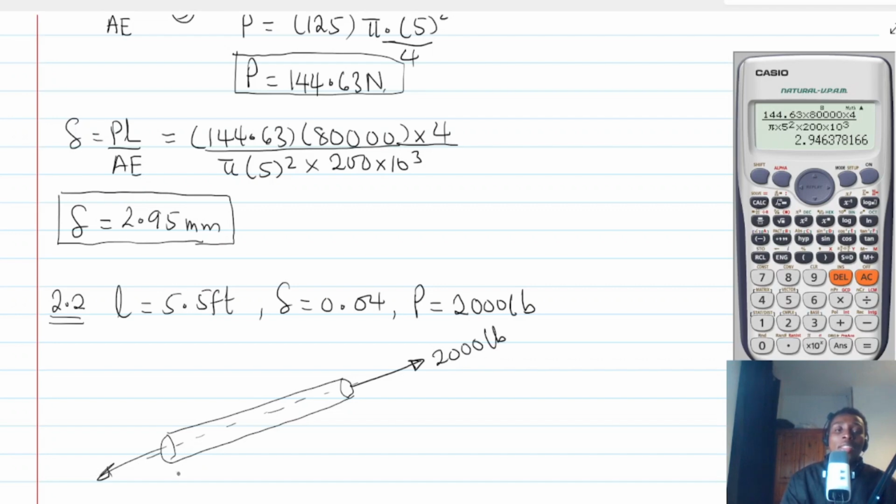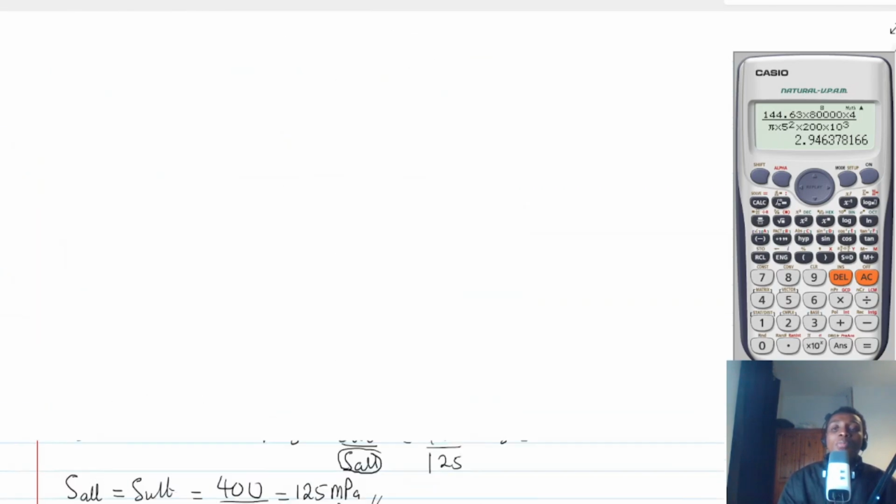This length here is 5.5 feet, and the extension shouldn't go beyond 0.04 inch. So that's basically the takeaway from this problem.